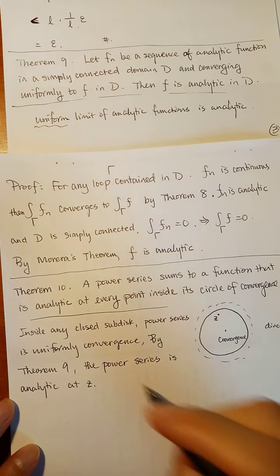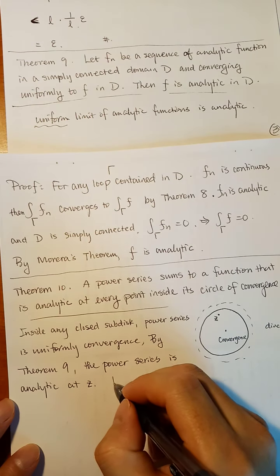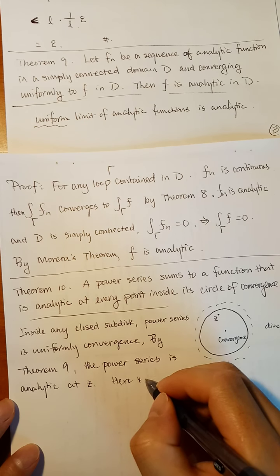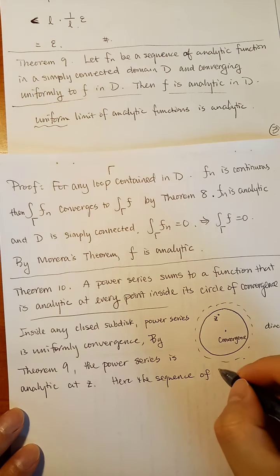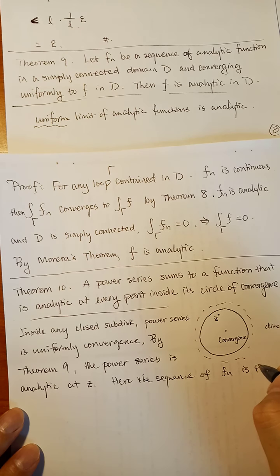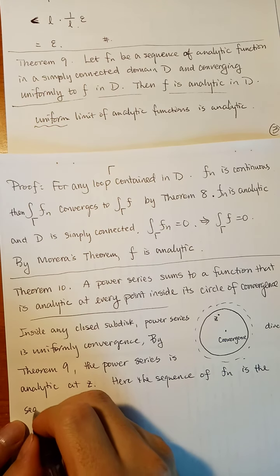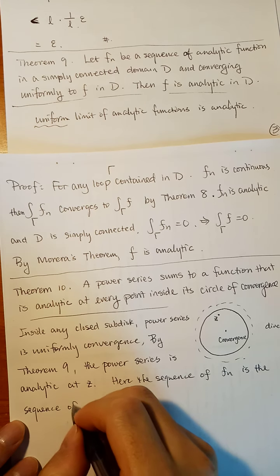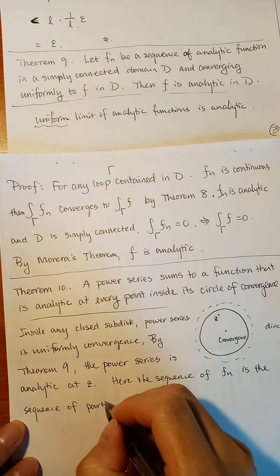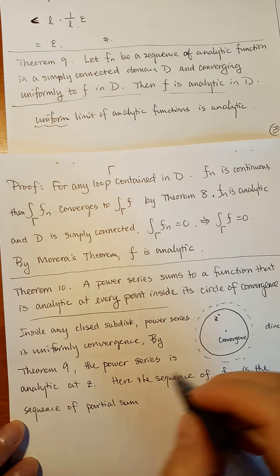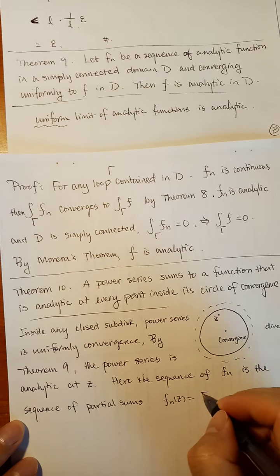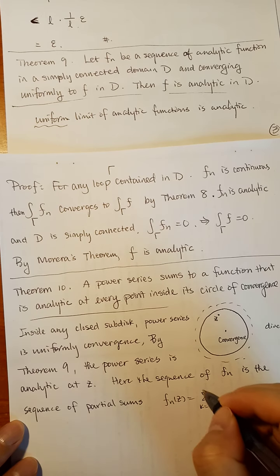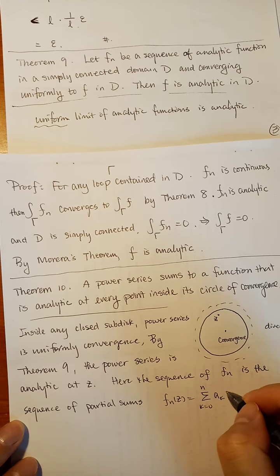Here the sequence f_n is the sequence of partial sums, f_n(z) is the sum from k equals 0 to n of a_k (z minus z0)^k.